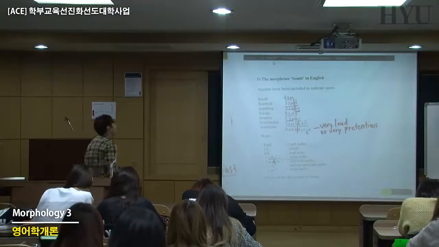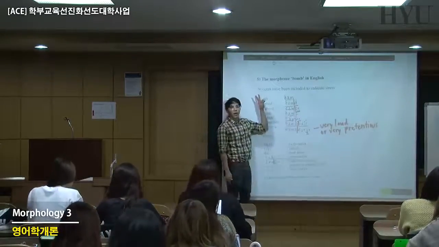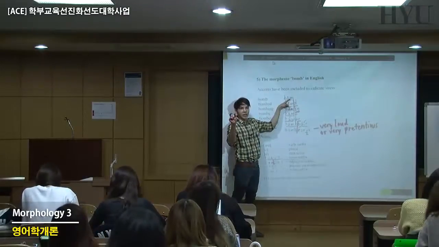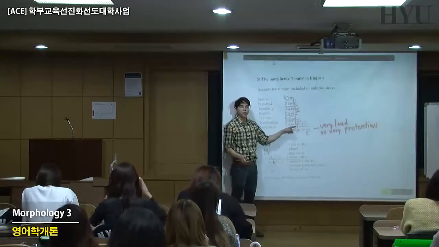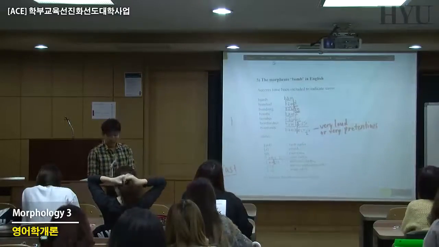So it seems that we want to figure out the two allomorphs of bomb. Bom without the B, and the other one is bomb with the B, okay? So there are two allomorphs here, as you can see.